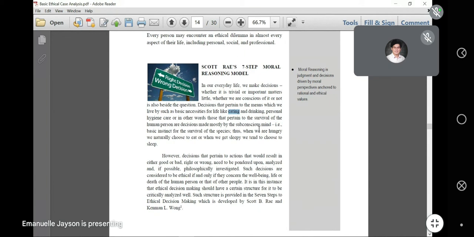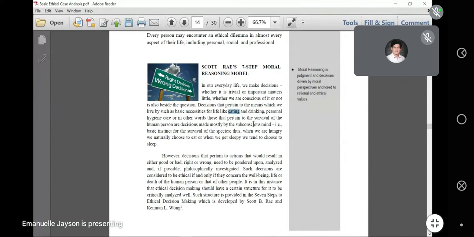What if sa harap mo may bumalagta na isang maletang naglalaman ng 1,000,000 peso? Would you steal it or not? No? At nalaman mo walang nakakakita sa'yo, walang saksi, walang witness. Would you steal it? So doon papasok yung ethical dilemma na wala namang nanonood, sir, wala namang maghuhuli sa akin. Hindi naman ako mahuhuli kaya gagawin ko na lang.